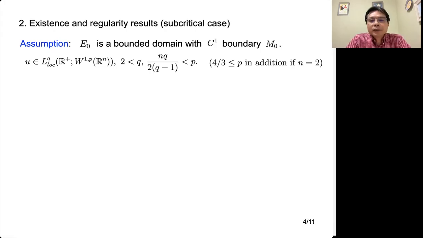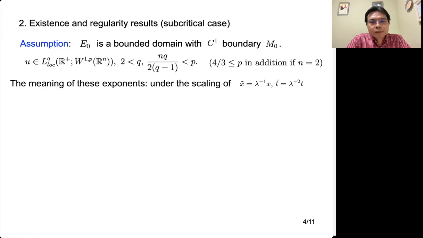But anyway, where does this exponent come from? That's not so difficult to say. It comes from just a parabolic scaling law, so it's not so surprising. This problem is certainly parabolic in nature. If you want to see the scaling law, let x tilde be lambda to the minus 1 times x, and t tilde be lambda to the minus 2 times t.